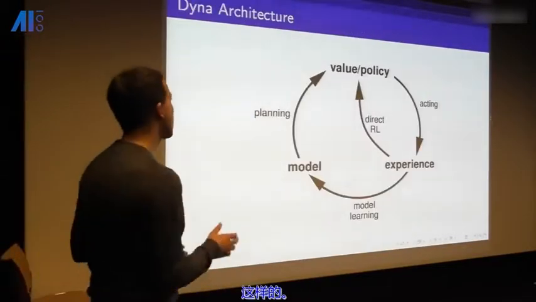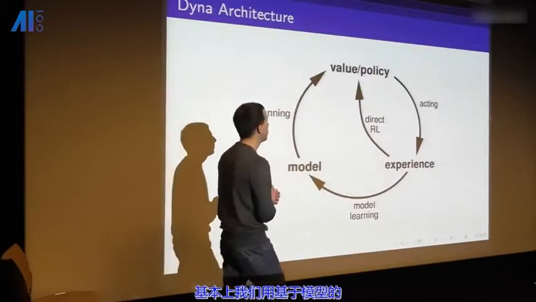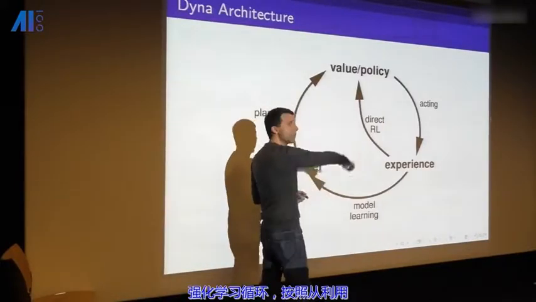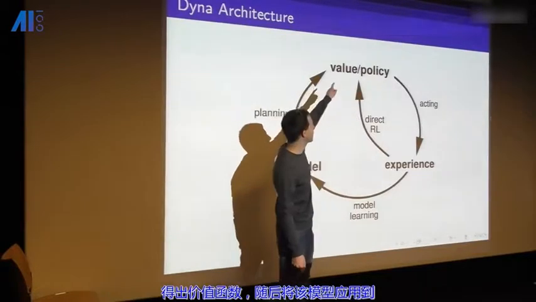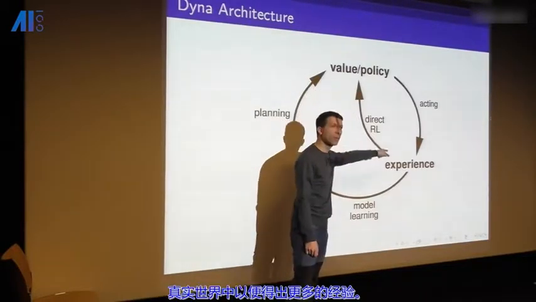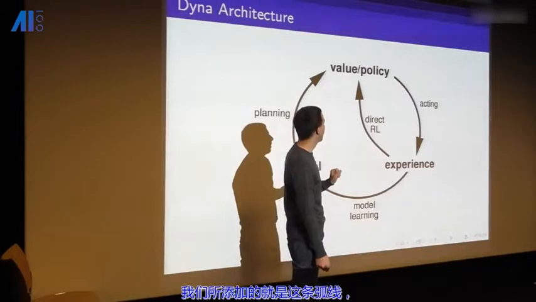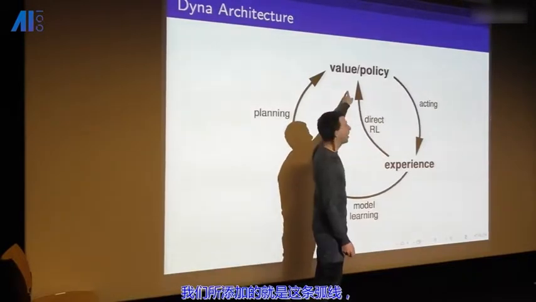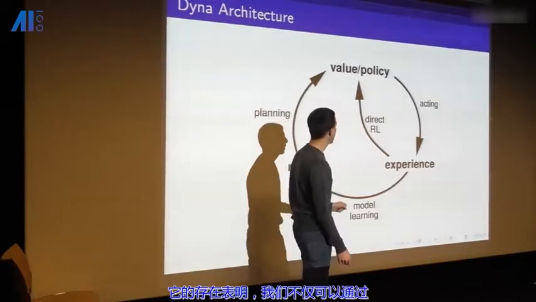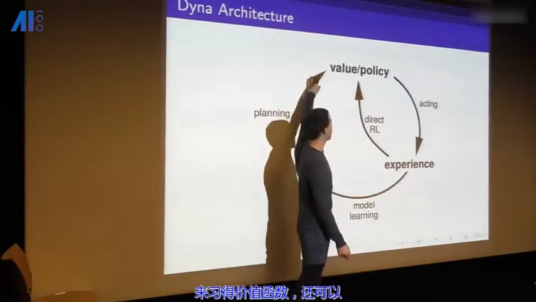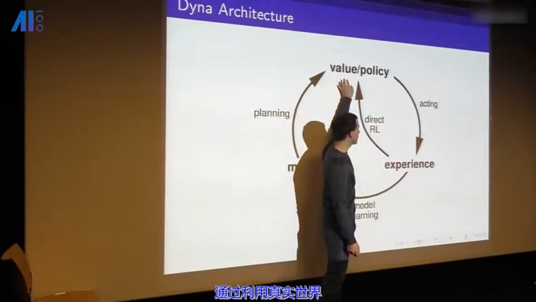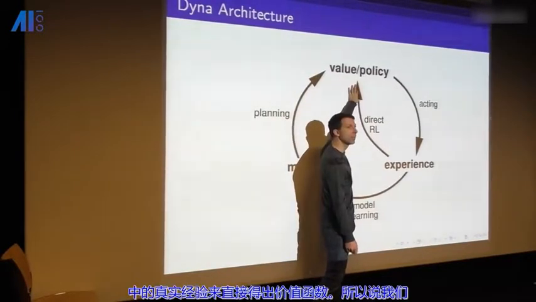It looks a little bit like this, where we've basically taken our model-based reinforcement learning loop, where we went from experience, learned a model, planned with that model to give us a value function, and acted with that in the real world to generate more experience. The thing we've added in is this arc here, where in addition, we don't just learn our value function by planning with the model, we also learn our value function directly from the real experience in the real world.